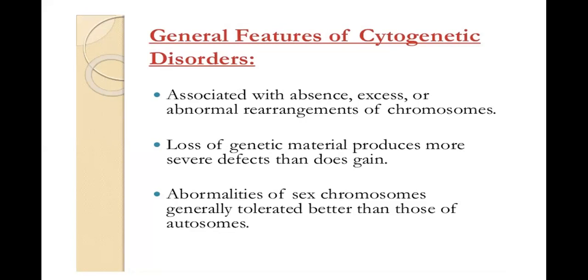Loss of genetic material produces more severe defects than does gain. If the person loses genetic material, the defects are more as compared to when the chromosome gains some material. Abnormalities of sex chromosomes are generally better tolerated than those of autosomes.